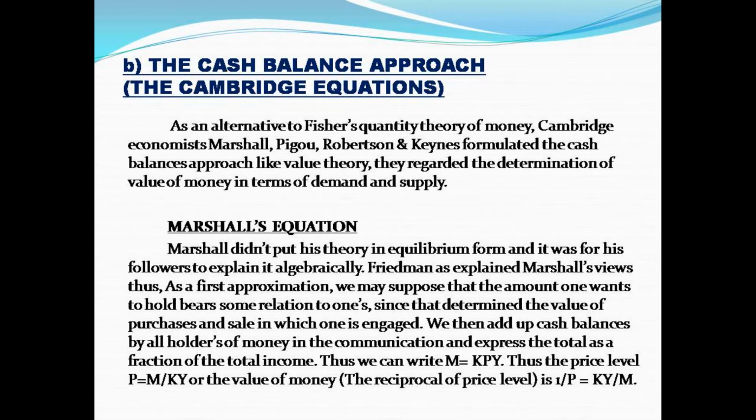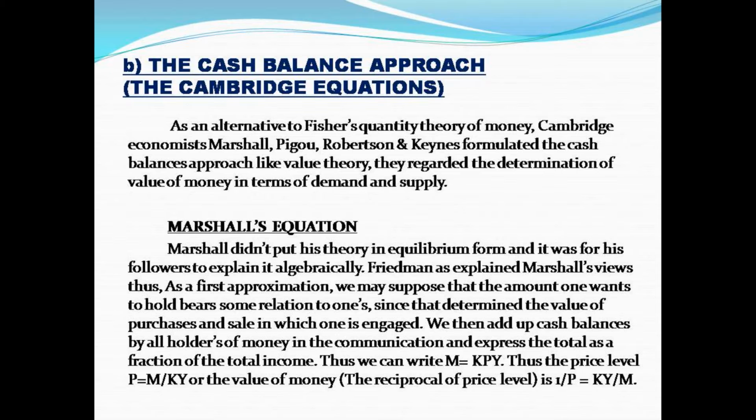Marshall wrote with regard to the demand for money, to give definiteness to this notion, let us suppose that the inhabitants of a country find it just worthwhile to keep by them on the average ready purchasing power to the extent of the 10th part of their annual income, together with a 15th part of their property.